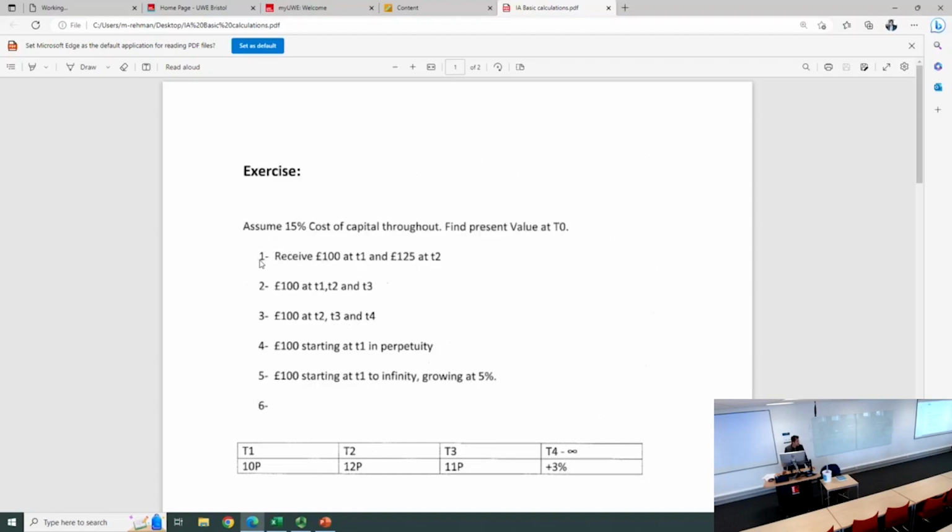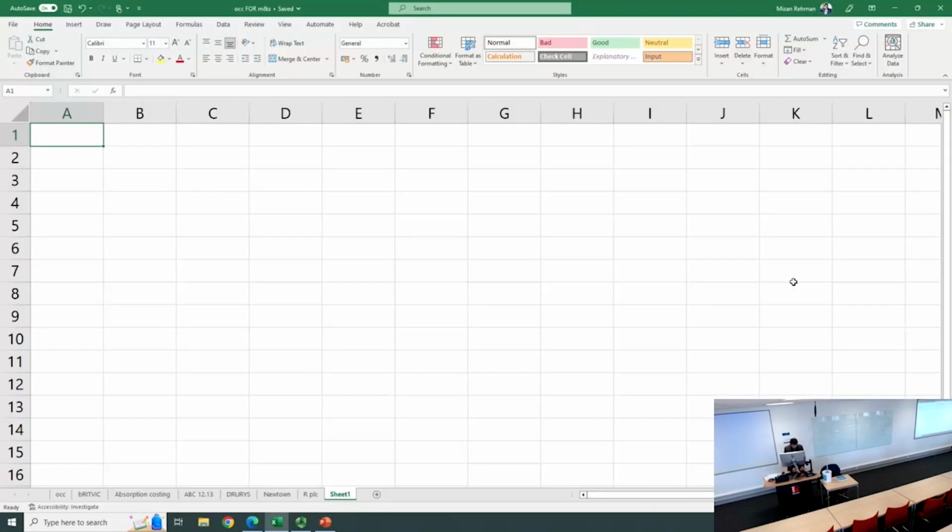The first problem or question is, what is the present value of the total amount if you receive £100 at T1 and £125 at T2? Let's go to our Excel. So first of all, I'll put cost of capital is 15%.